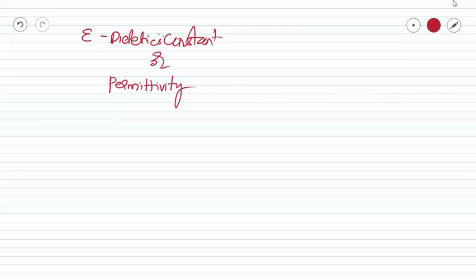As discussed earlier, epsilon has units of Coulomb square per Newton meter square, or Farad per meter. This epsilon depends on the material we choose, different dielectric materials, and most of the time we use the material as free space.